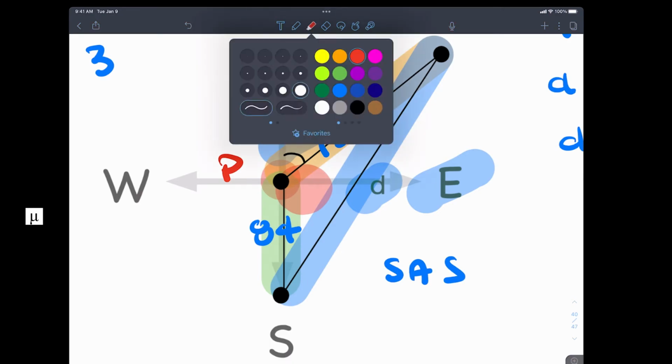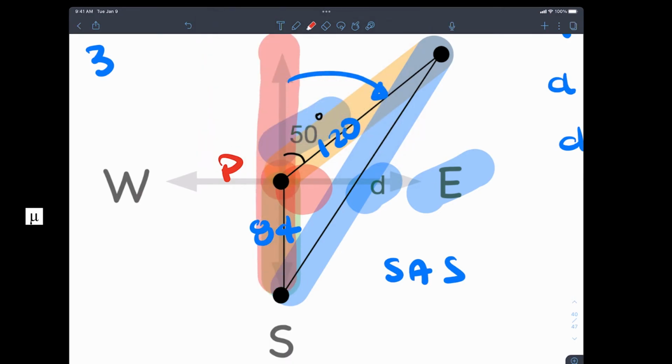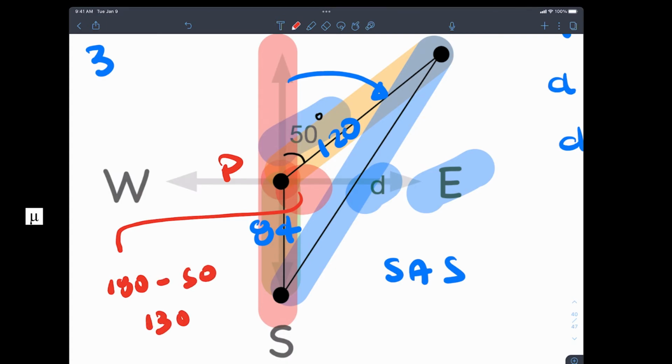Is this a straight line? What do we remember from geometry about that? Even the first week, what do we remember? That 50 degrees and that missing angle are supplementary. Remember that? What does supplementary mean? The sum is 180, right? So 180 minus 50, isn't that going to be 130 degrees? There you go.